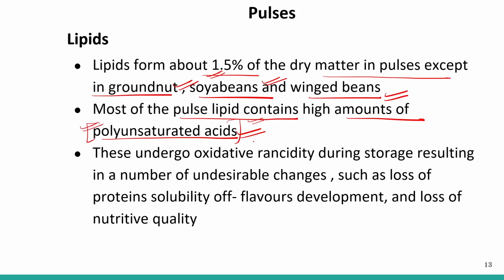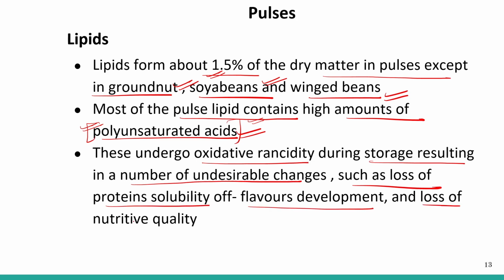These undergo oxidative rancidity during storage, resulting in a number of undesirable changes such as loss of protein solubility, flavor development, and loss of nutritive quality. So there is oxidative rancidity because of these polyunsaturated fatty acids.